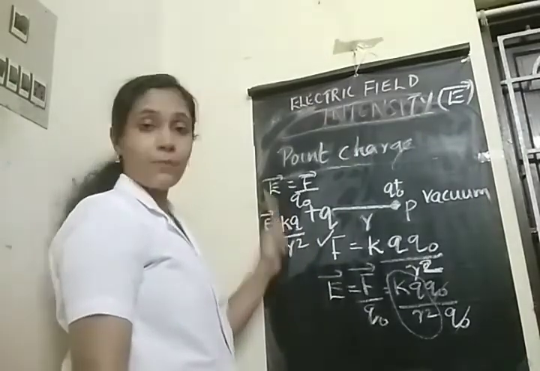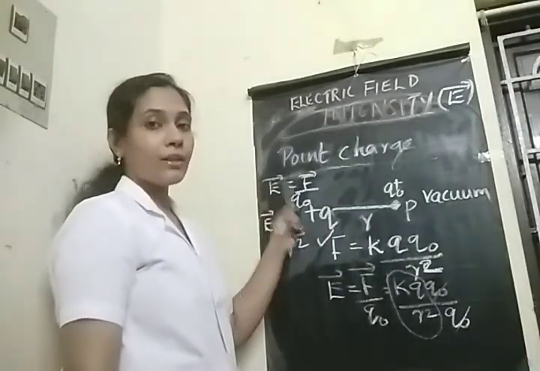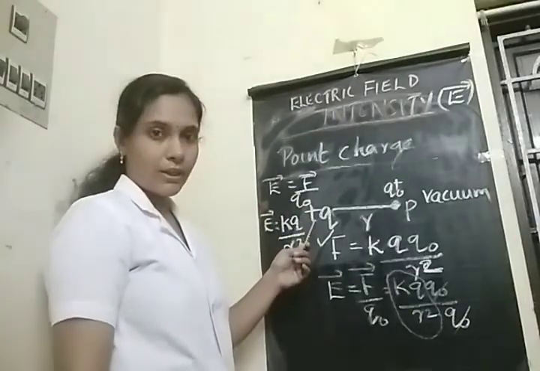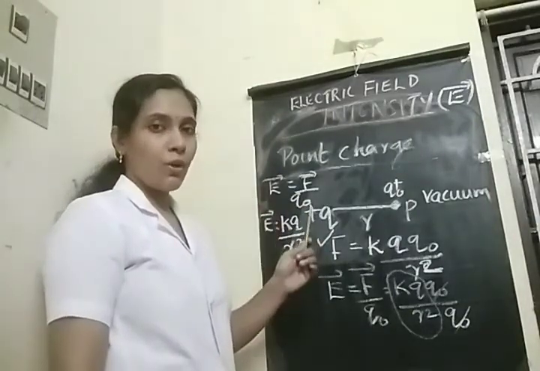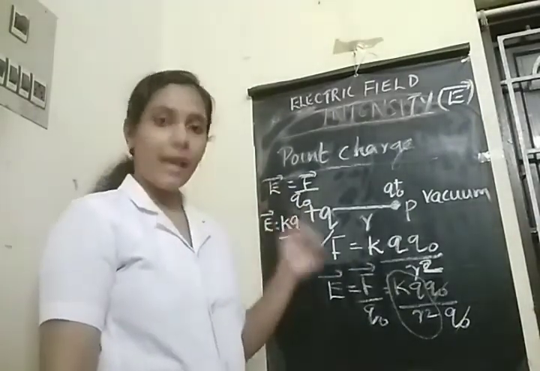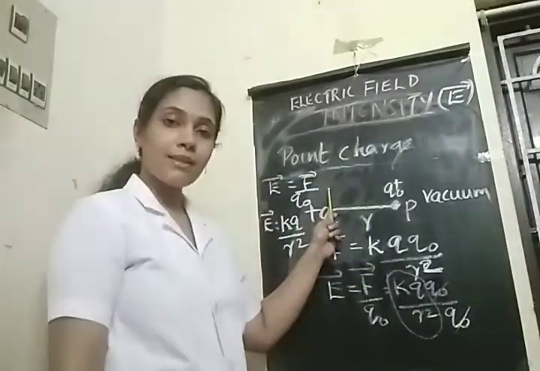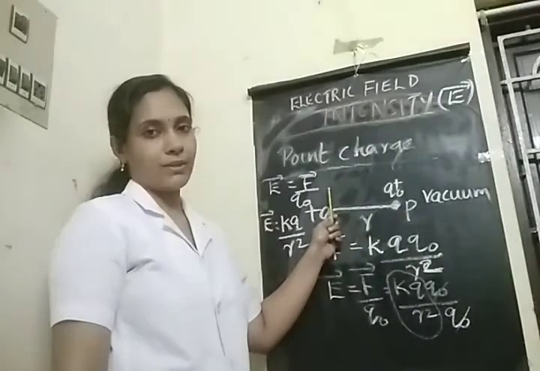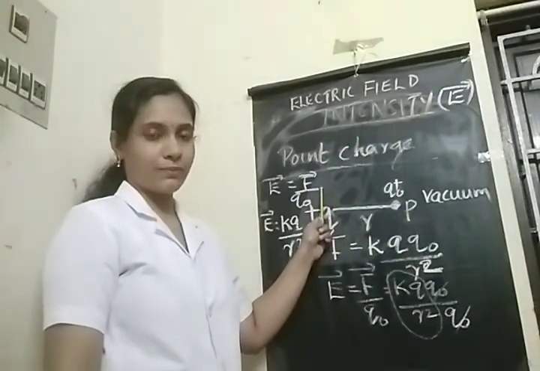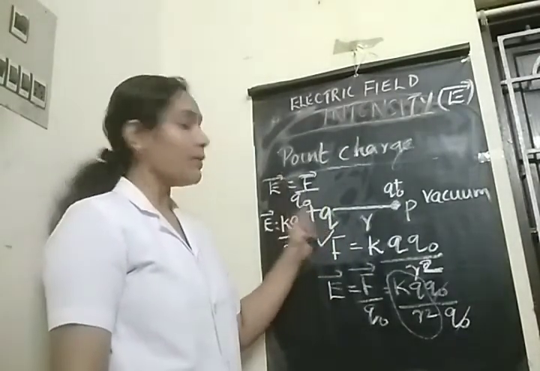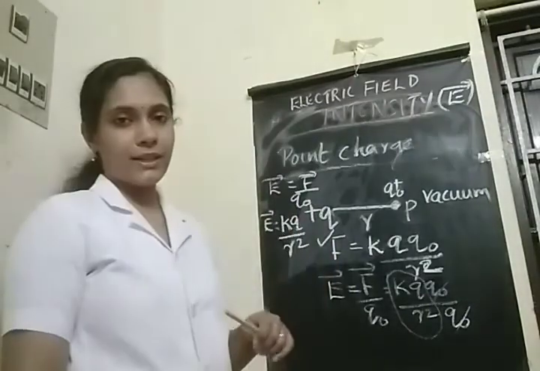And from this expression you might have understood electric field intensity is a vector quantity. If it is a vector quantity, it will have a specific direction. Then what is the direction? Its direction will be the same as that of the electrostatic force. Then what will be the unit of electric field intensity?